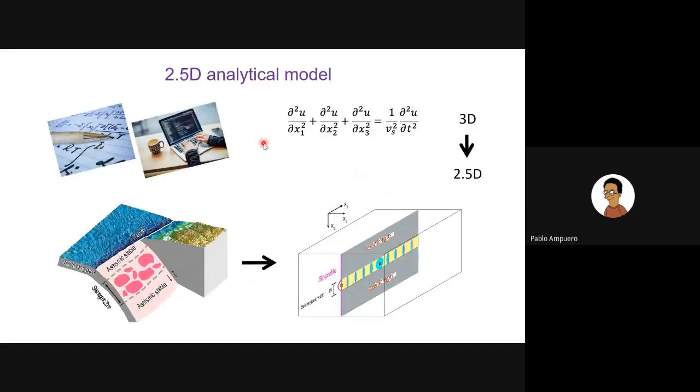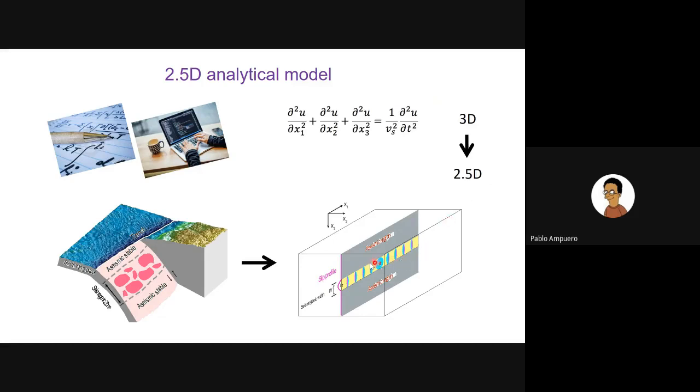We simplified the problem. Starting from the 3D elastic wave equations, we can do some approximations in order to turn the 3D problem into a reduced dimensionality problem that we call the 2.5D problem.